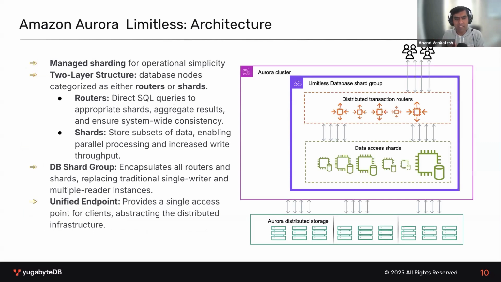Routers manage the metadata of shards, handle SQL connectivity, route SQL queries to appropriate shards, and ensure consistency across the system, while shards store the partitioned data. It also supports the DB shard group, which is essentially a group of all of these components packaged together and offered as a single entity for connectivity and managing the entire database. It offers a unified endpoint, a single access point for clients to connect to the database.